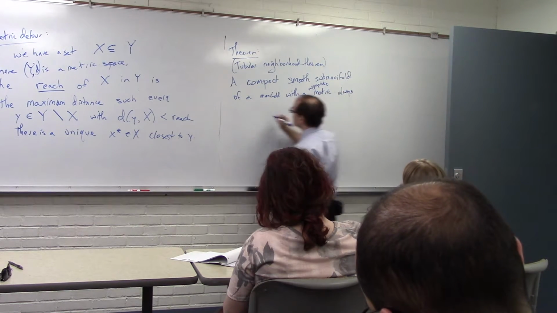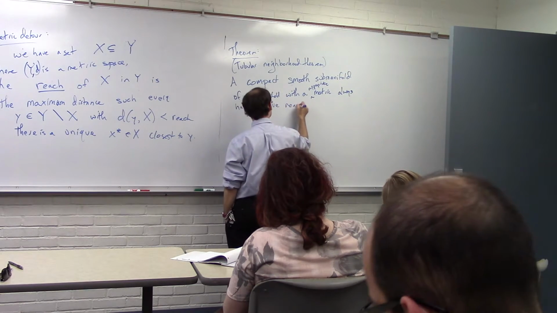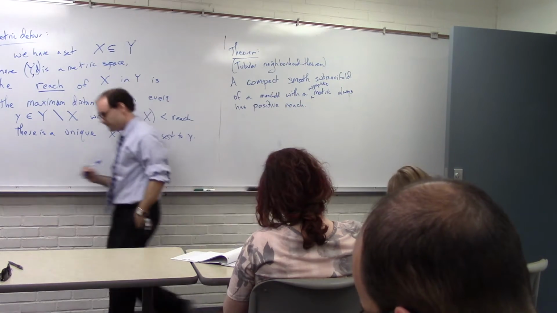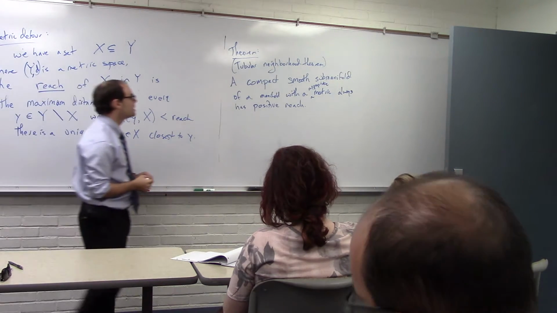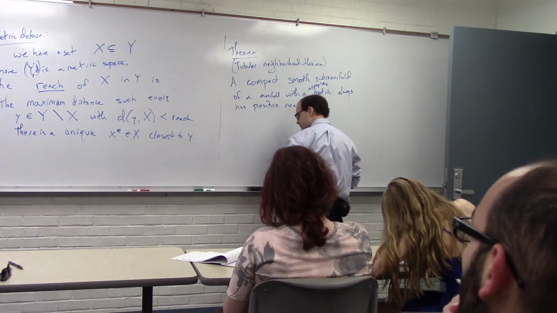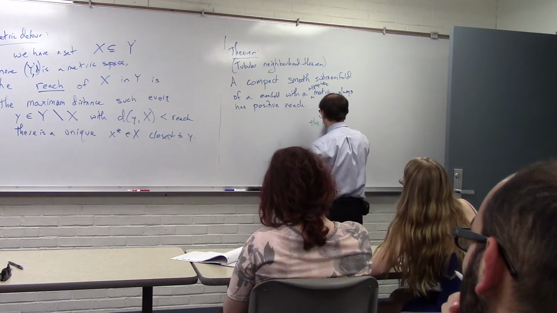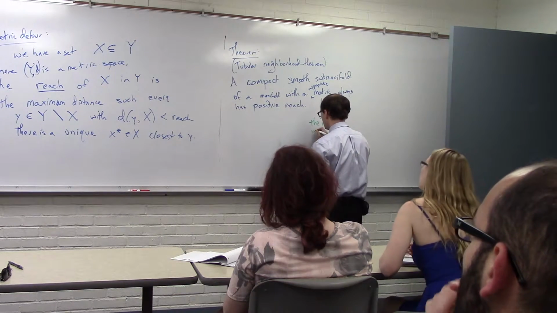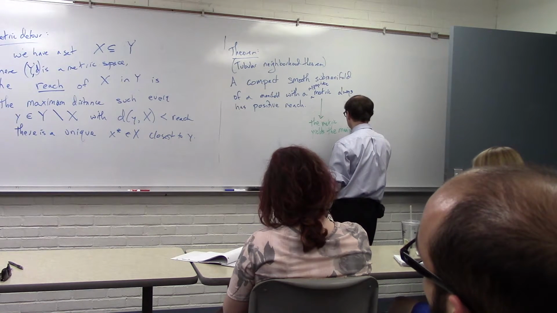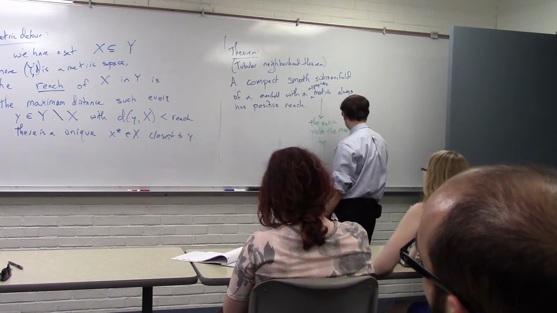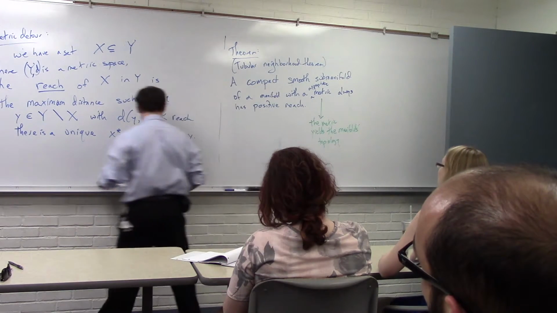A compact, smooth submanifold of a manifold with an appropriate metric on that space always has positive reach. And by appropriate metric, I mean the metric yields the right topology of the manifold.